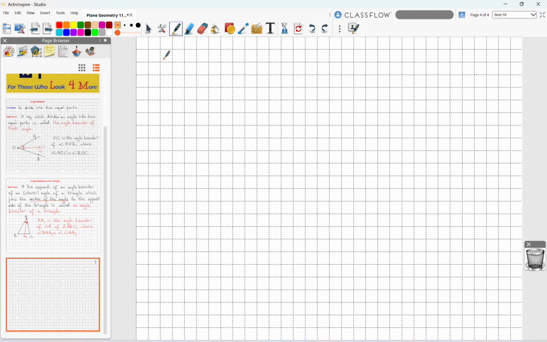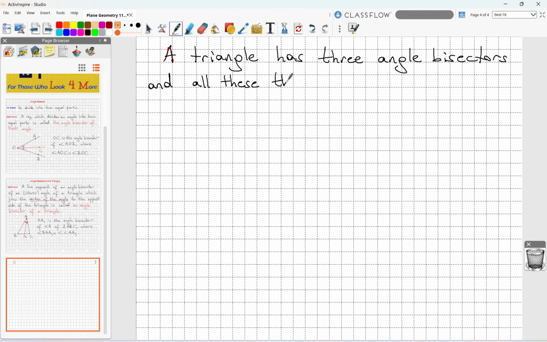Okay, so a triangle has three angle bisectors, and all these three angle bisectors intersect at one point.